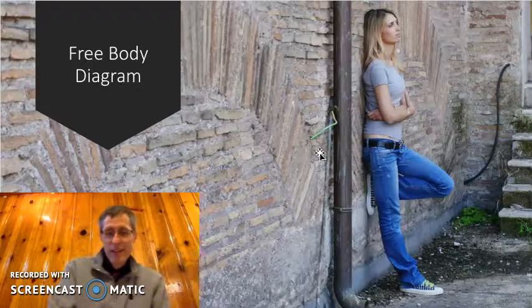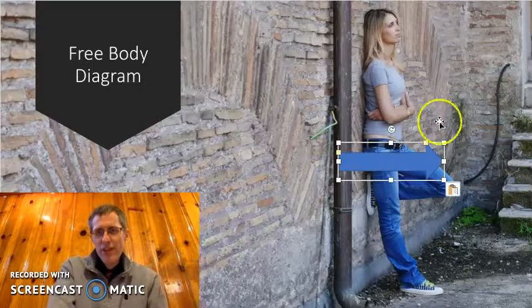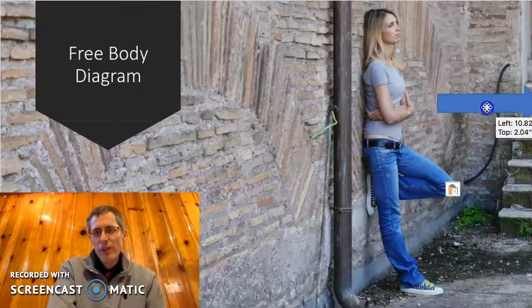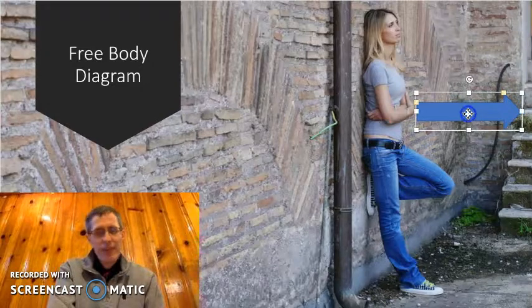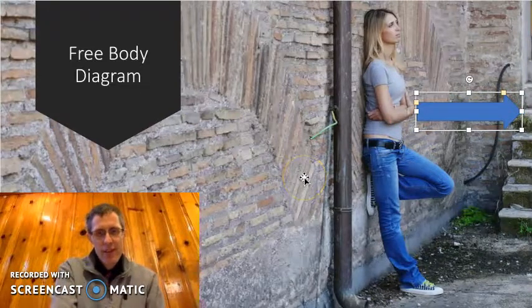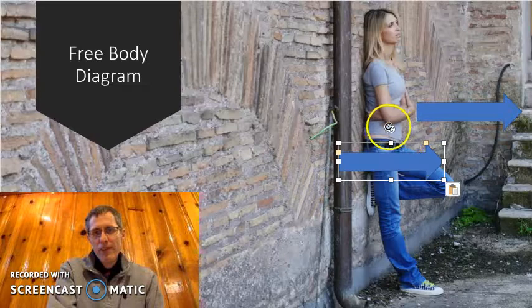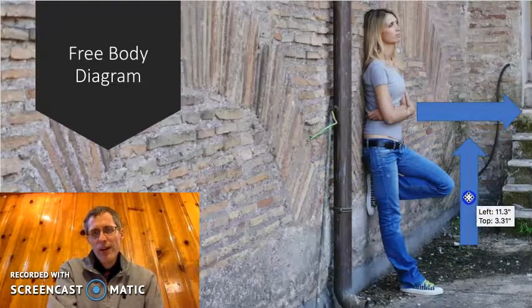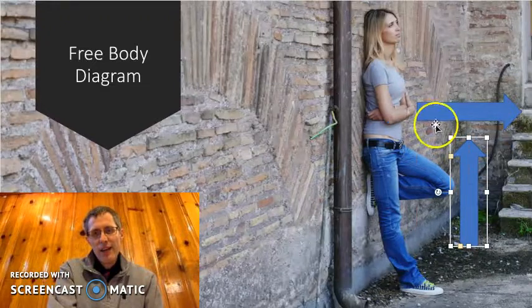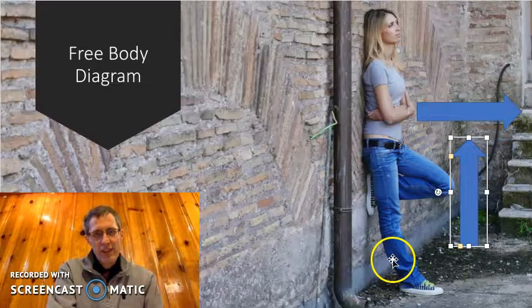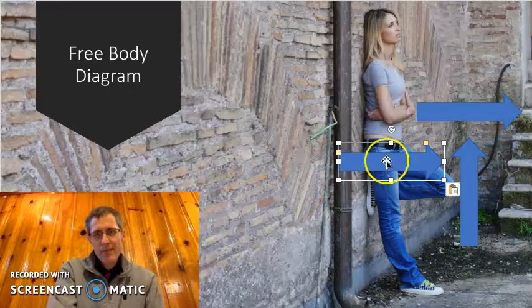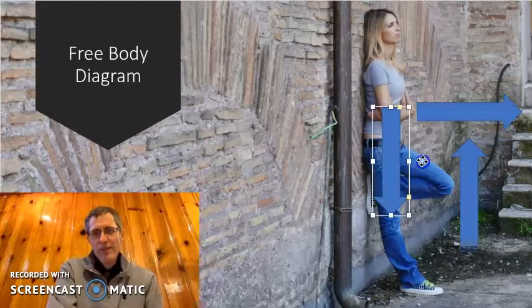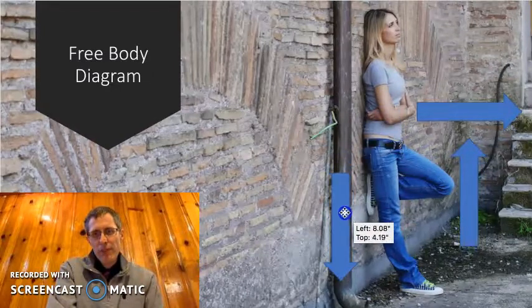Okay, let's do it. First force, the wall is going to push her to the right. That's a normal force. Next up, there is another normal force, which is going to push her upwards, keeping her from sinking into the ground. Force of gravity pulls her downwards.